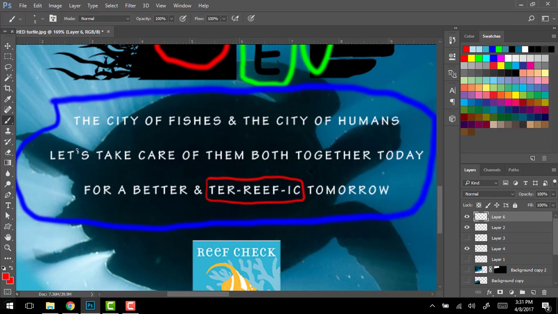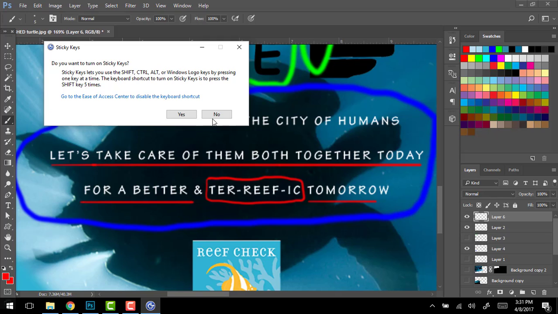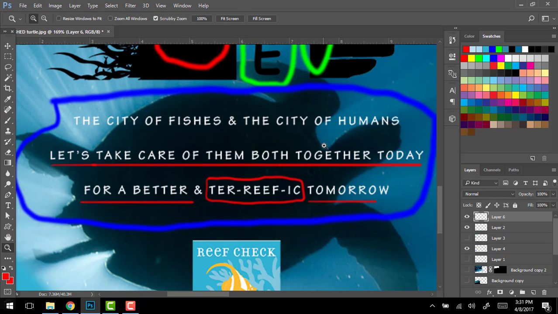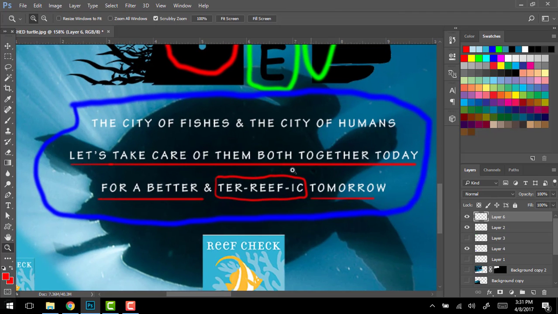What I mean by that is you're trying to deliver a message here. It says, "let's take care of them both together today for a better and terrific tomorrow." You know how you could use "terrific" just to signify that you're going with a cheerful tone.